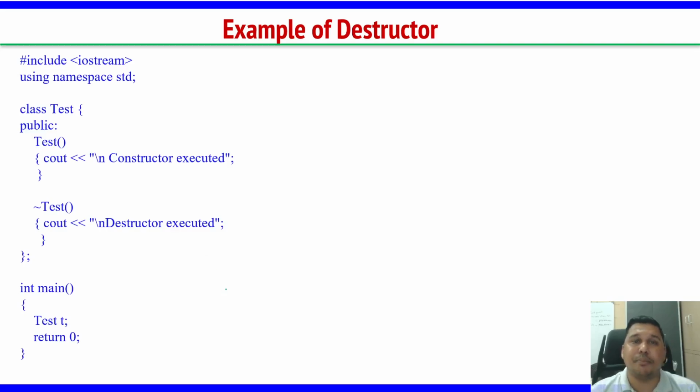And then we have seen a dummy example to understand how a destructor is executed. Whenever an object is created, the constructor is executed, then the remaining set of instructions are executed. At the end, when the program is about to end, the destructor is executed automatically. With this, whatever memory was allocated will be erased.